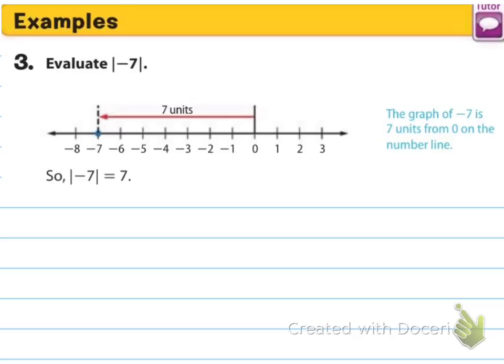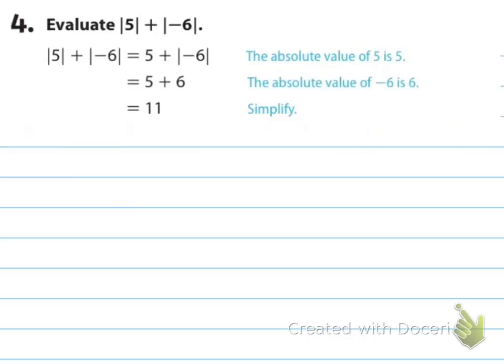Alright, so number 3 says evaluate the absolute value of negative 7. The absolute value of negative 7 is 7 units from 0. Therefore, the answer is 7. Number 4: evaluate the absolute value of 5 plus the absolute value of negative 6.